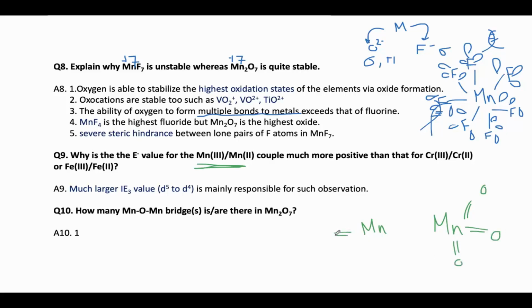So this will also be bonded to these 3 oxygens. So we are reaching the point of Mn2O6. But the molecule has formula Mn2O7, so we have another oxygen atom in the middle. That is actually a bridge between the 2 Mn centers. So that is the structure of Mn2O7. That's why there is one Mn-O-Mn bridge in the molecule.